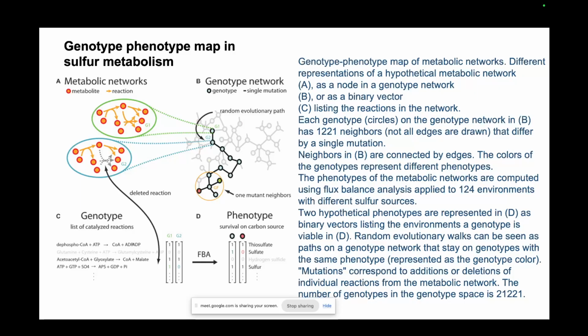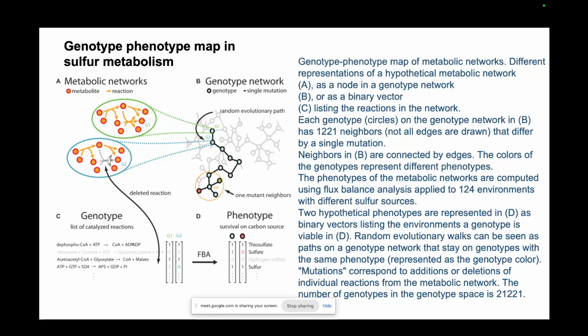Neighbors in the genotype network are connected by edges, and the colors of the genotypes are represented by different phenotypes. The phenotypes of the metabolic network are computed using flux balance analysis applied to 124 environments with different sulfur sources.